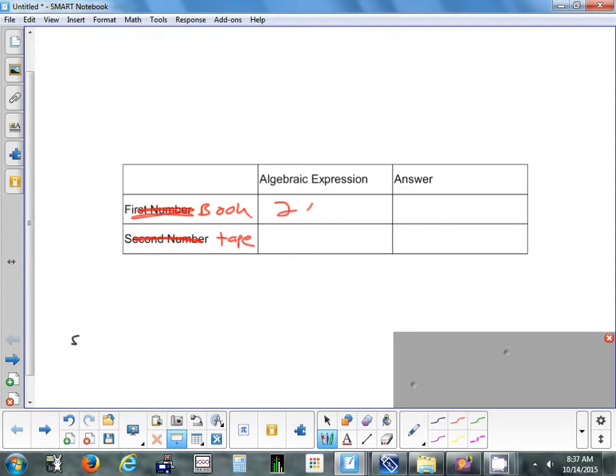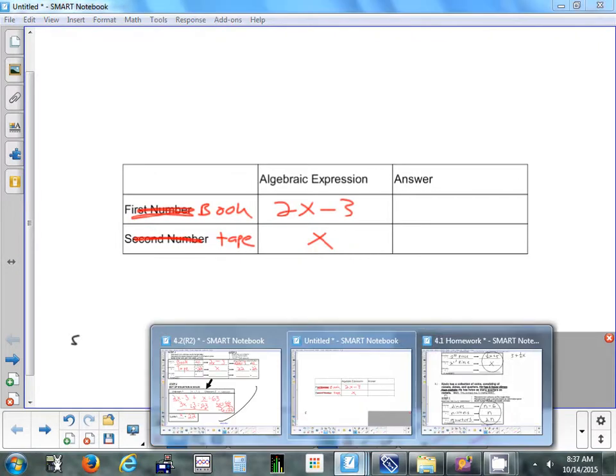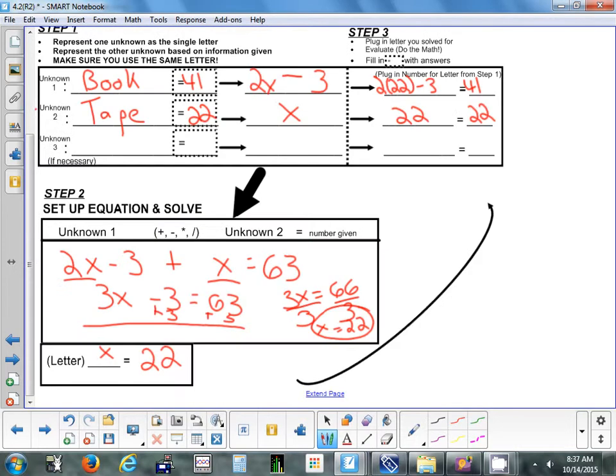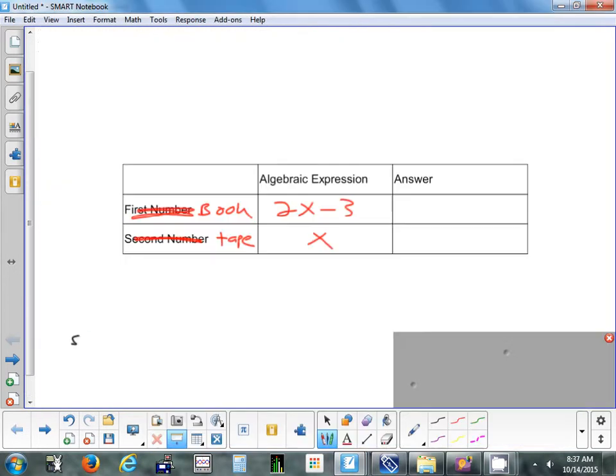Those would be the first 2 things. If you got just that, I'd give you half credit because you got 2 out of the 4 things I'm looking for. And then the actual answers are, what did they each cost? 41 and 22? The book was 41, the tape 22. Those are the 4 things I'd be looking for in that problem.